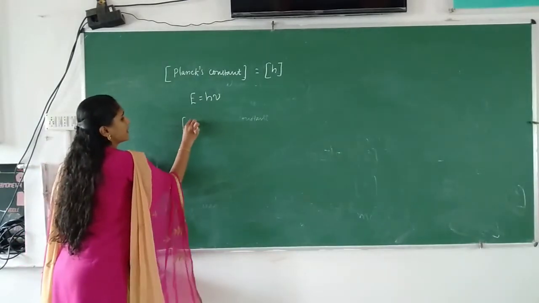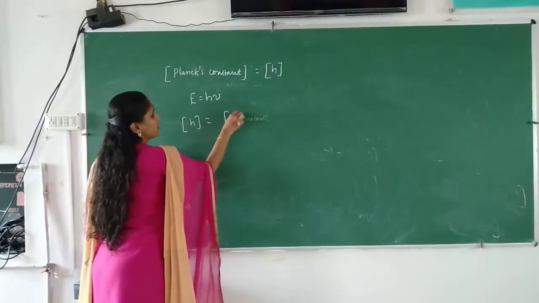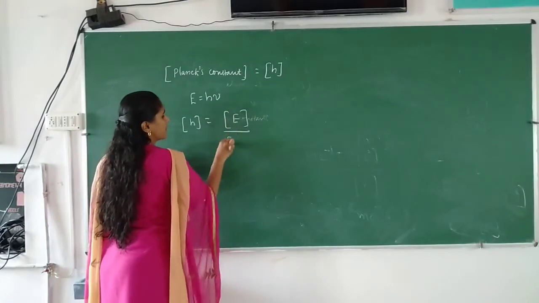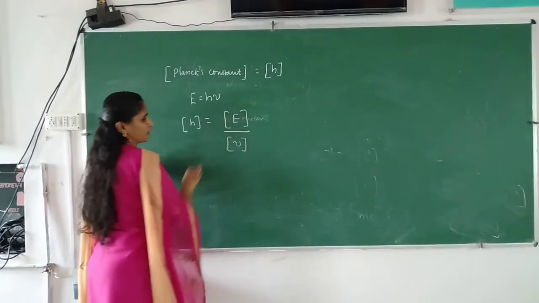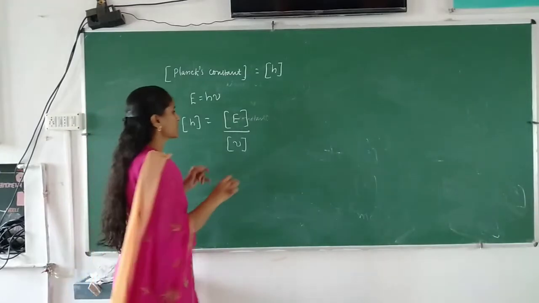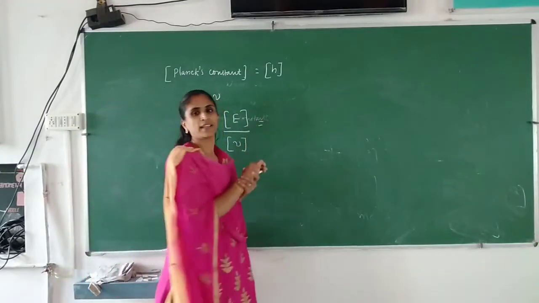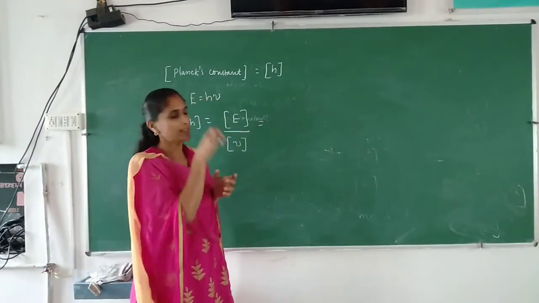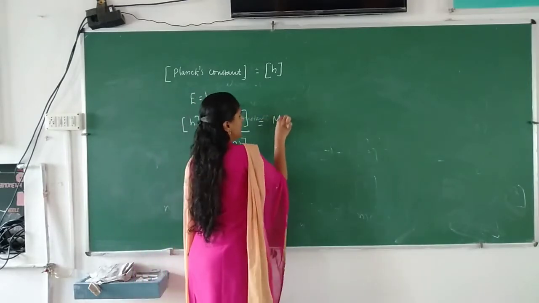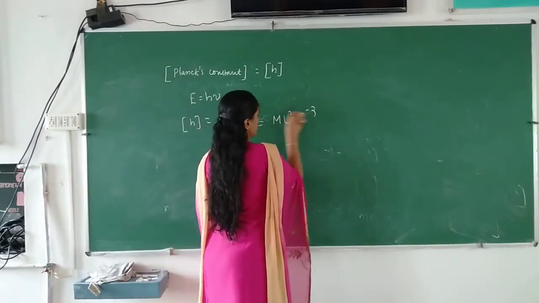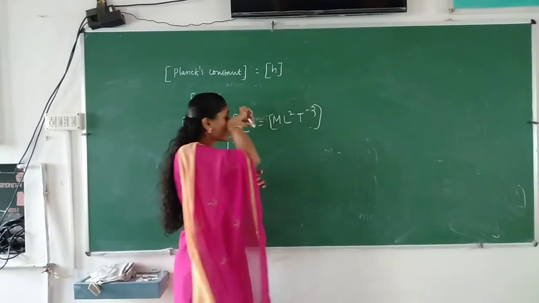So you can write H is equal to dimension of E divided by dimension of nu. So what's the dimension of E? E is equal to M L^2 T^-2. And what's the dimension of nu?